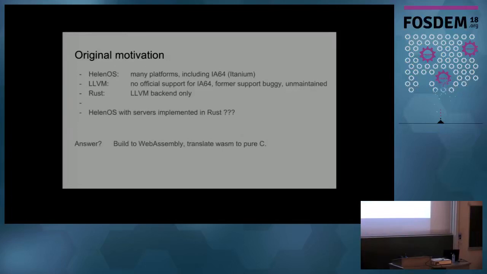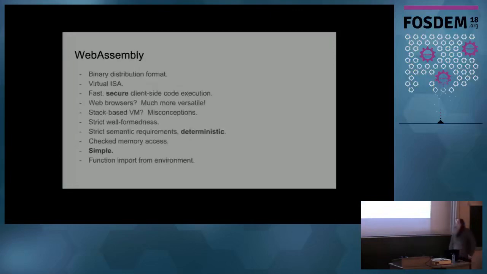I tried to solve this by building Rust to WebAssembly, which it supports, and then translating the WebAssembly to C, and compiling the C as you normally would any application. WebAssembly is a binary distribution format developed primarily for use on the web. It is basically a virtual instruction set architecture.